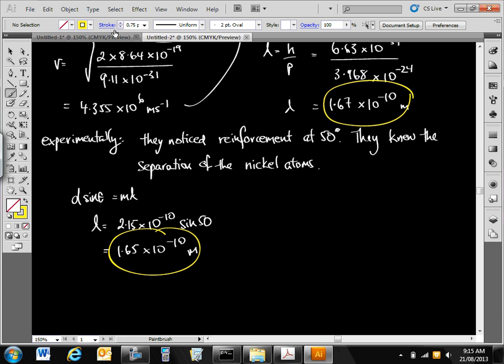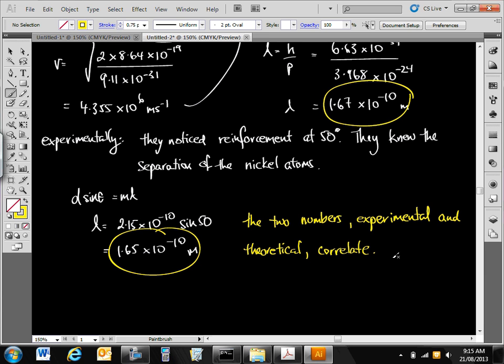They correlate. The two numbers, experimental and theoretical, correlate.